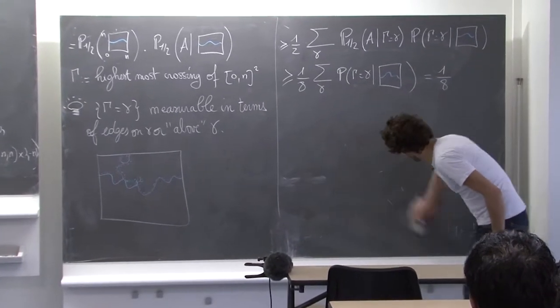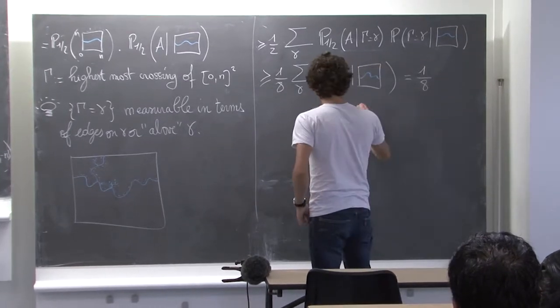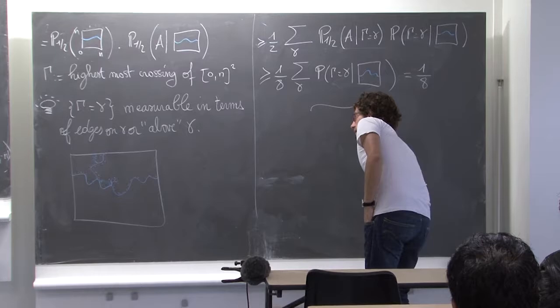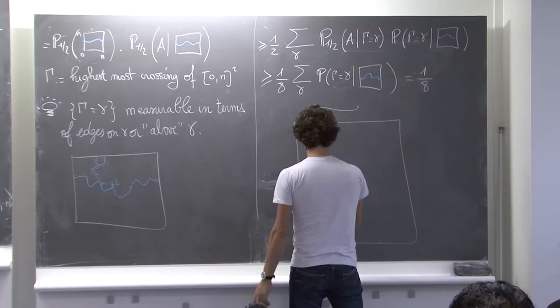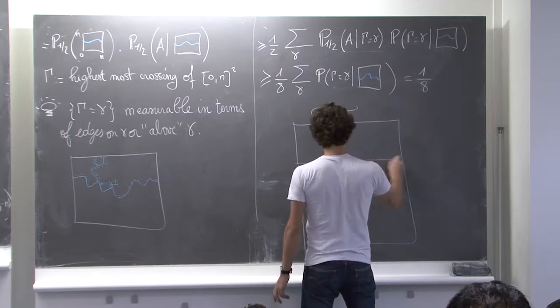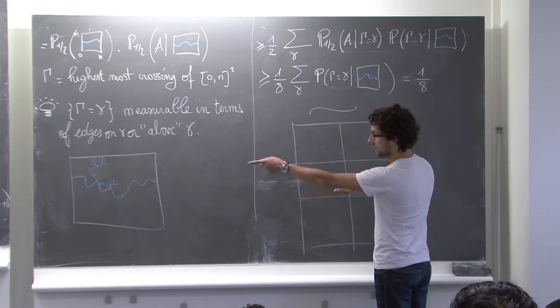So that was the main part of the proof, because now we are done. So if I want to cross this box, what I'm going to do is I'm going to assume that this event A occurs.